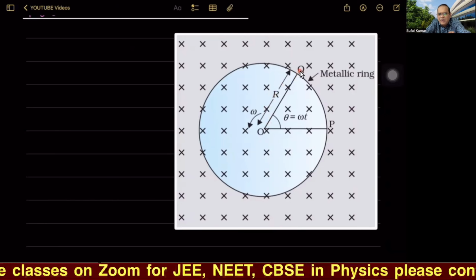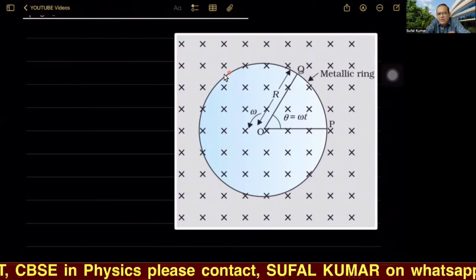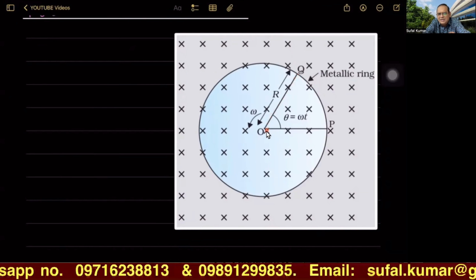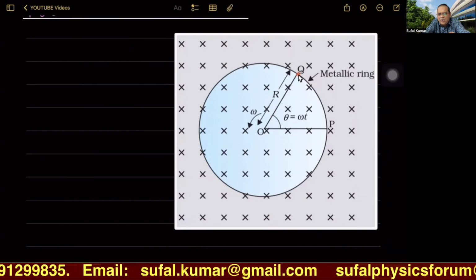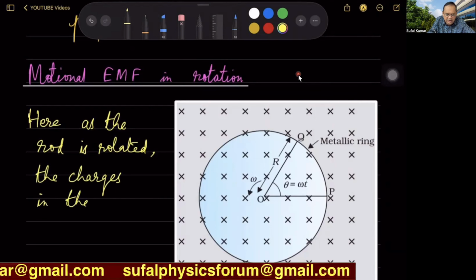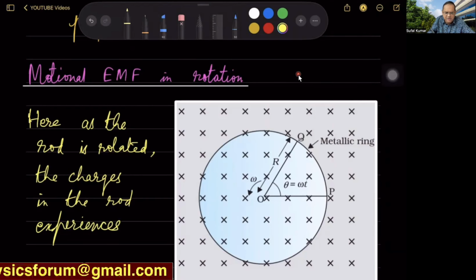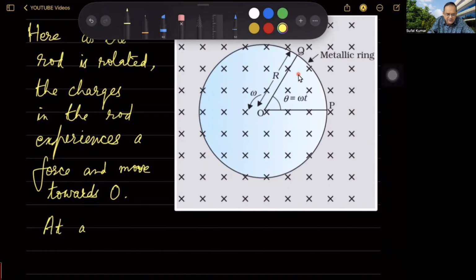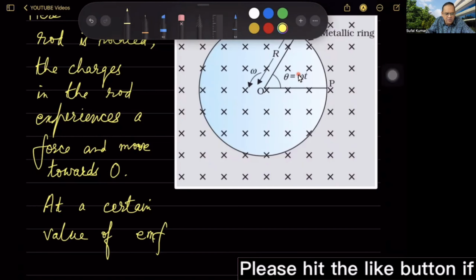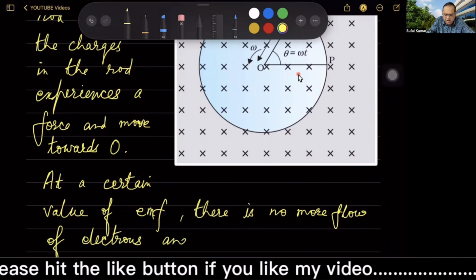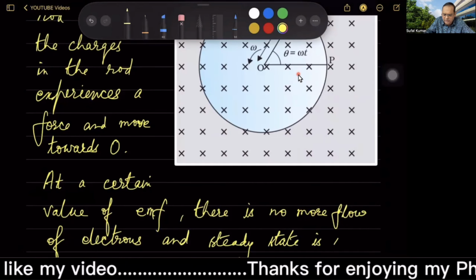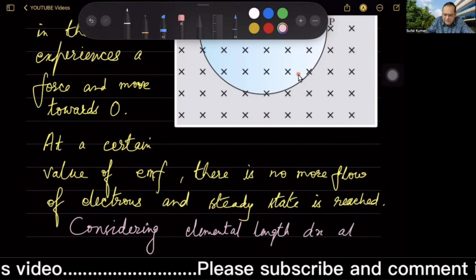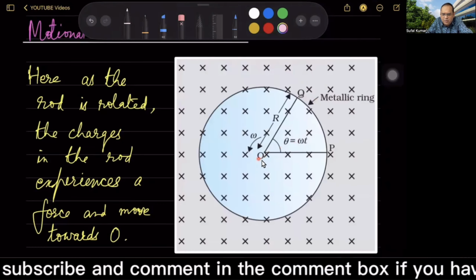In the process of rotating like this, the radius of this virtual circle is the length of the rod R. The charges in the rod experience a force and move towards O. At a certain value of EMF, there is no more flow of electrons and a steady state is reached, considering an elemental length dx at distance x from O.